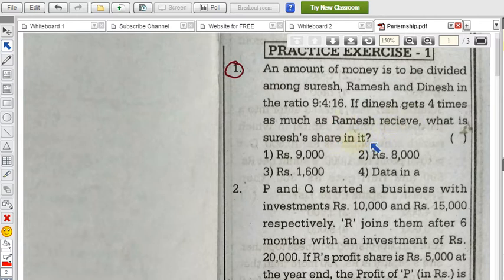So the data is not sufficient here, because at least one of the persons, how much he receives or gains, must be given. So data in A is not sufficient. Data is not enough to solve the problem.